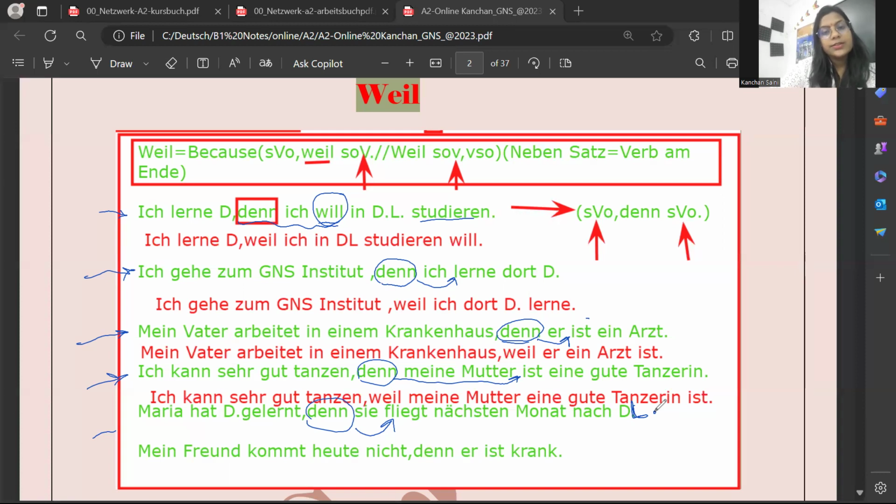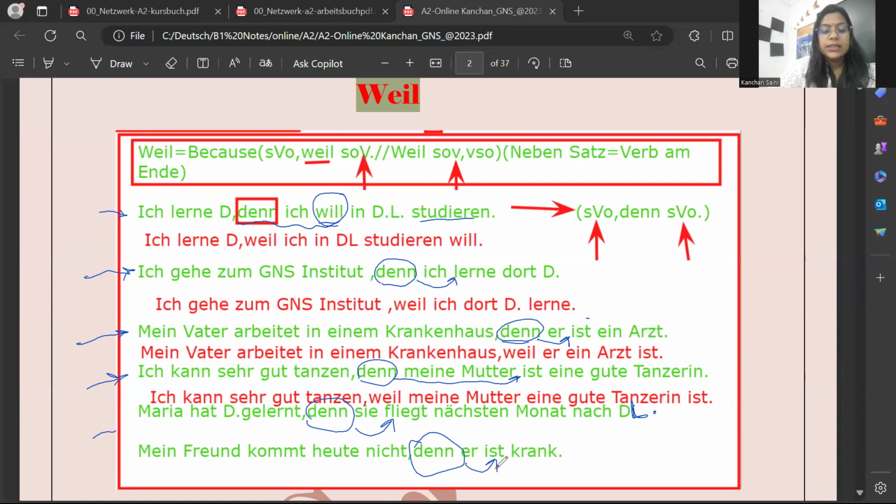Here again the connector is denn and the verb is fliegt. And the last sentence: mein Freund kommt heute nicht, denn er ist krank. So ist is the verb at second place.